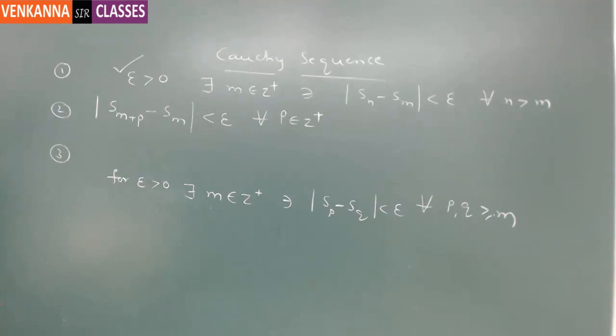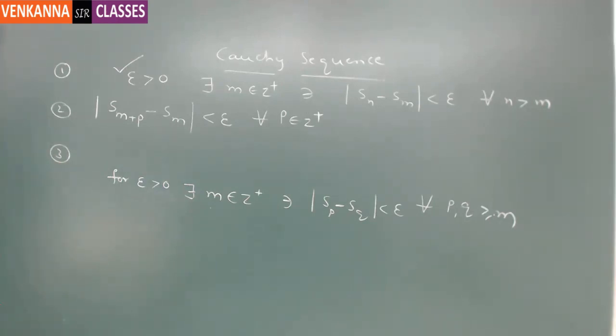The importance of Cauchy sequence is, we have seen four strategies so far: sandwich theorem, Cauchy's theorem on limits, monotone convergence theorem, and finding the limit by using the definition. These are the four strategies discussed in the chapter of sequences.